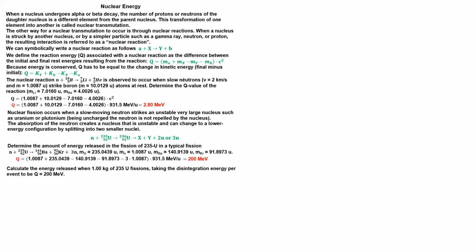For uranium-235, 1 mole of this isotope has a mass of 235 grams. To find the number of nuclei in our sample, we use Avogadro's number as follows. We now multiply the number of nuclei in our sample by the energy yield per nucleus, obtaining the total disintegration energy.